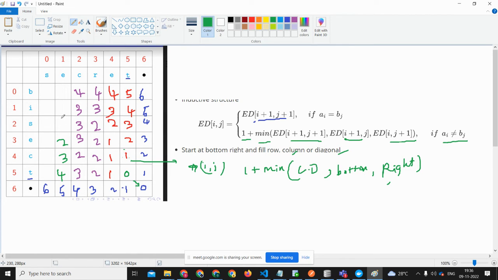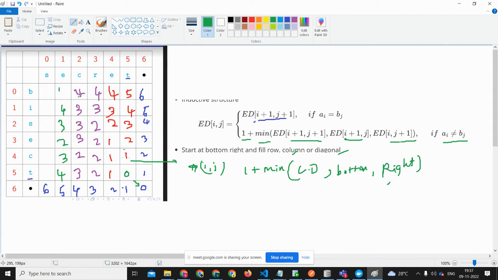S and E are not same, so we take the minimum plus 1. Two plus one, three. Very good. And 3 plus 1, 4. Good. And the E. 4 plus 1, 5? No, minimum, no?